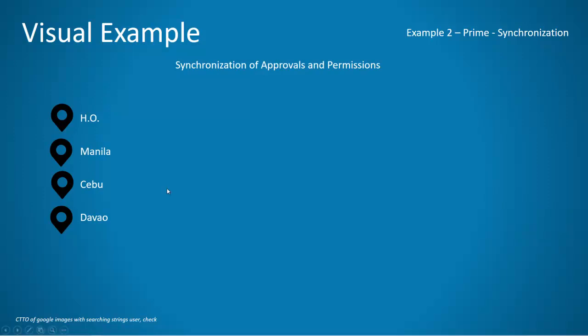Each location will have its own prime. Let's say we will send the approval and permission entry to these locations. If we get the product of all these primes, it results in 210. Remember, the prime formula is the one that we are going to save in the database.